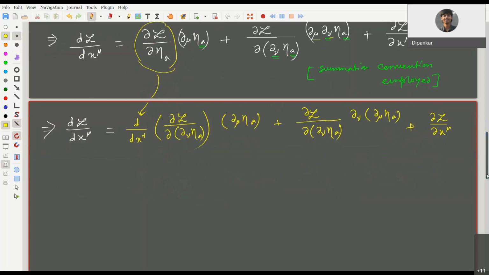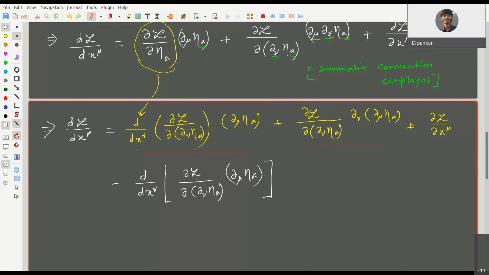Now look at the first two terms on the right hand side. So this term and this term. If you write them together, it will be much easier to see. So this is d dx nu of del L del of del nu eta A times del mu eta A. So basically this is the product rule of derivative.